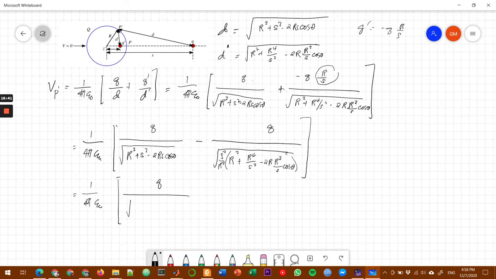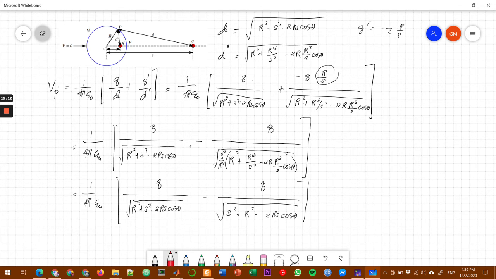I'll just copy this expression. Minus q. So if I multiply s squared over r squared with each term inside the square root, I will get s squared plus r squared minus 2rs cosine theta.